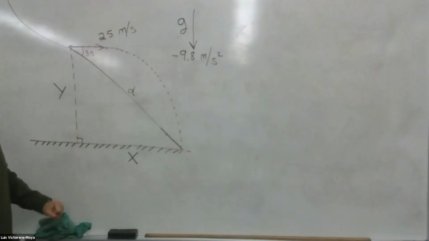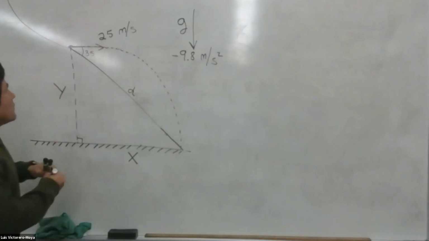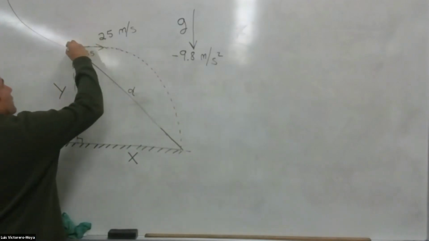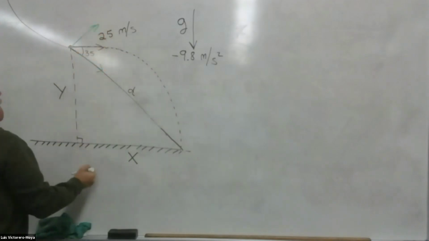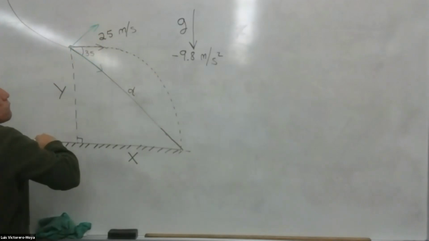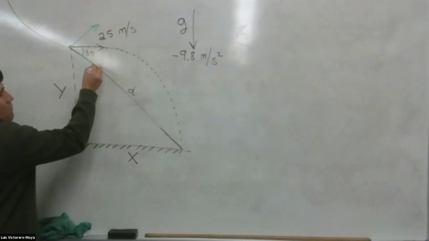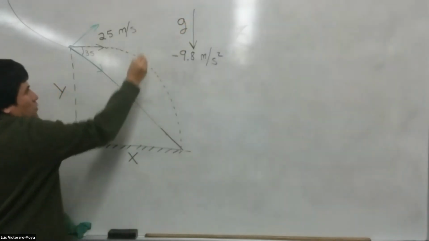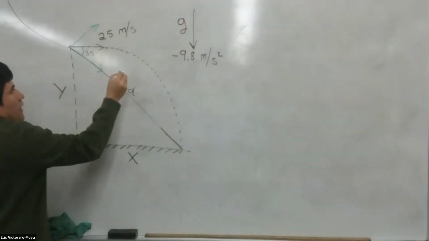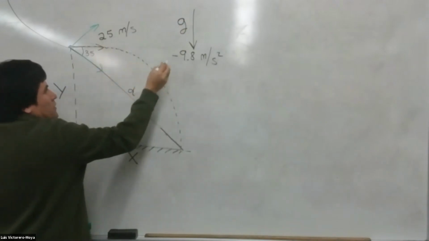right? You can tell that the speed can be broken into these two components. You can break the speed like this and like this using this angle. But there is a problem if I do that. This speed is not constant anymore because gravity, even though it's pointing downwards, if we break it into components, right?